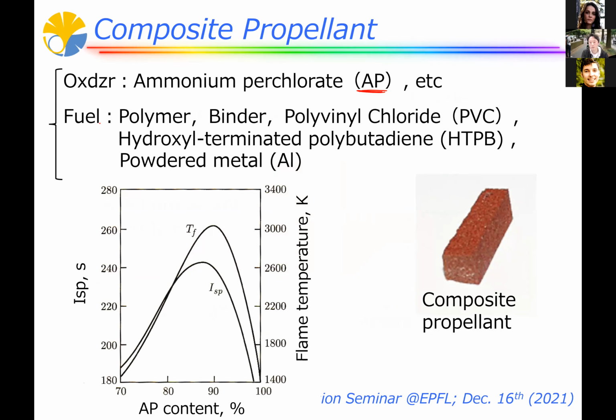And also some metals like aluminum can be used as a fuel of the solid propellant. This is a composite propellant and its actual appearance. It's a kind of soft gray. By applying force, you can somehow deform this propellant.